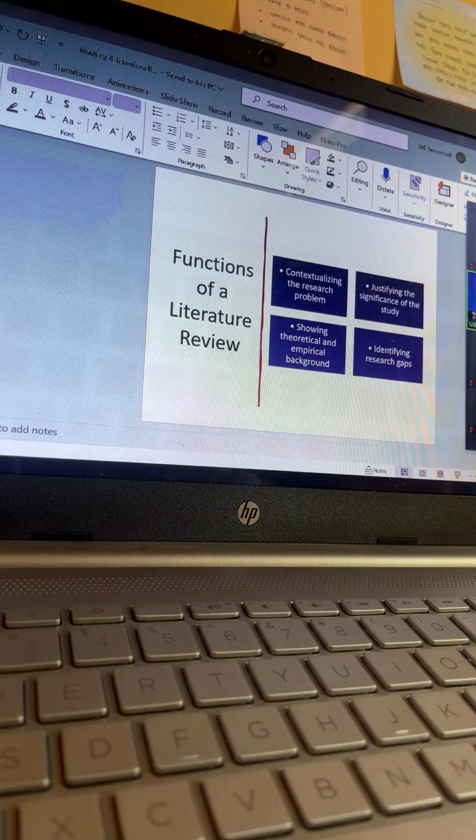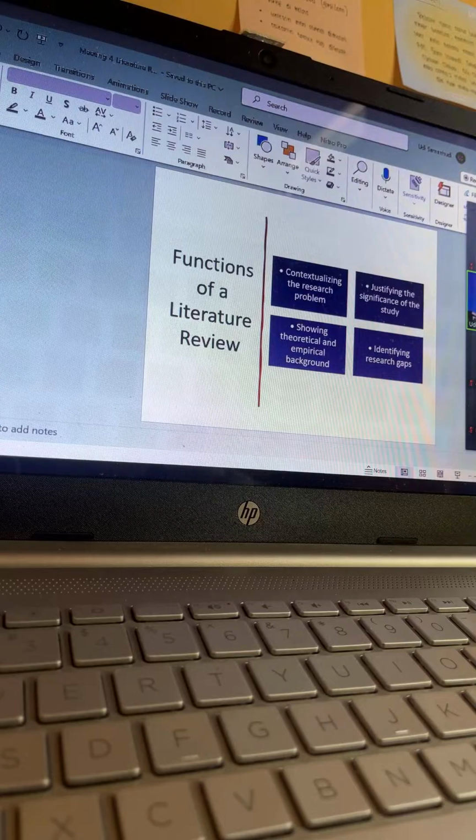All right. And in the literature review, we also indicate the significance of the study. So we'll indicate the gaps. We'll show to the readers that the previous studies have indicated gaps. That's why this research is important to study.